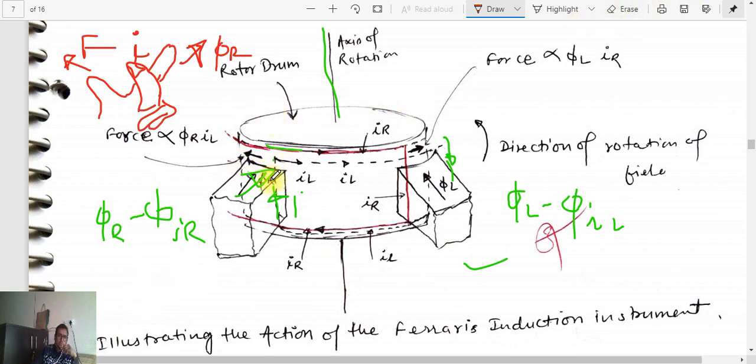Okay, we can check here, this is phi R, actually this direction is phi R, this is the IL, and this is the F. By the direction, this will be the F, force proportional to phi R IL. Similarly, here we can check.